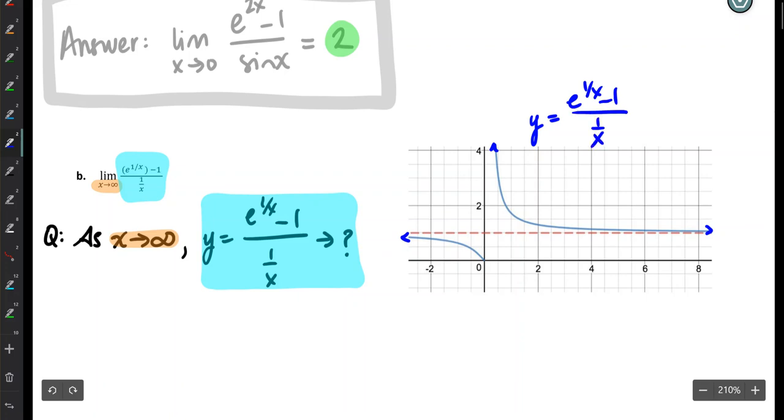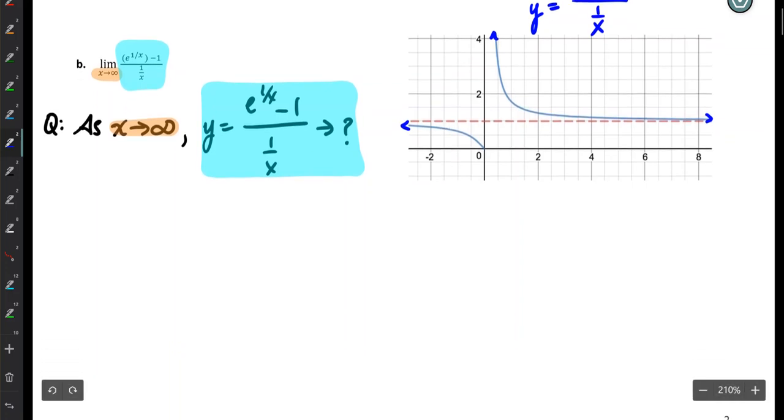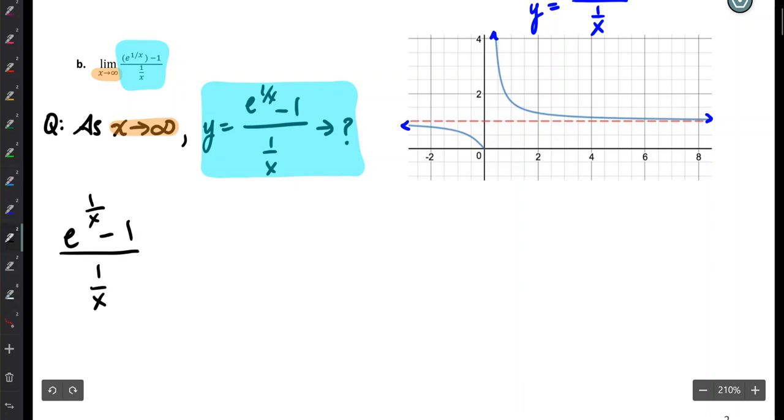Okay, so if we tried direct substitution, what do we get here? e to the 1 over x minus 1 all over 1 over x. If x gets big and positive, 1 over huge is on its way to 0.